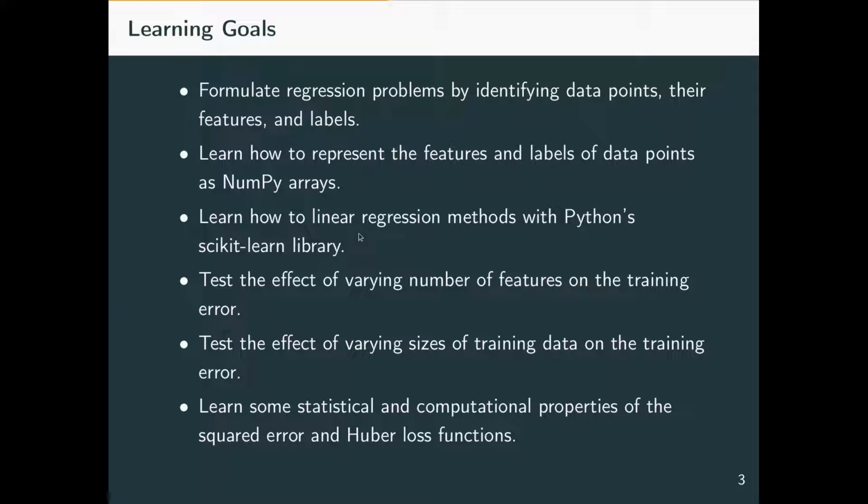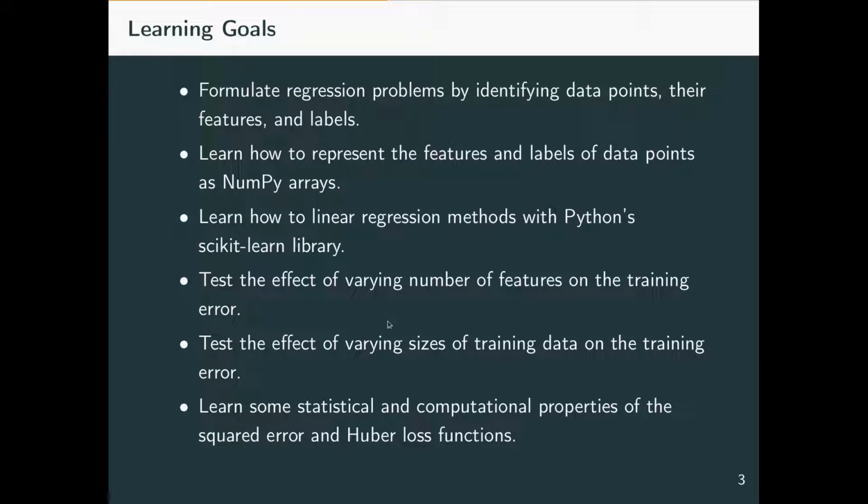NumPy is a library in Python that's used for array manipulation. And then learn how to use linear regression methods with Python's scikit-learn. This one I previously called sklearn. It's actually the same thing. Scikit-learn is also called sklearn sometimes.